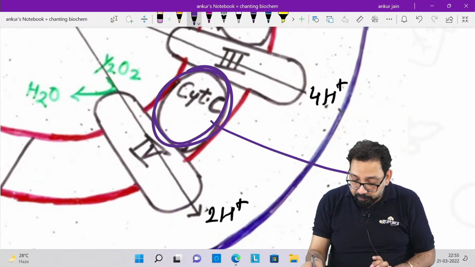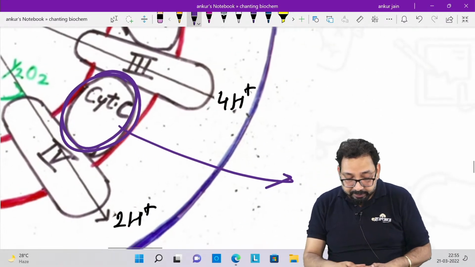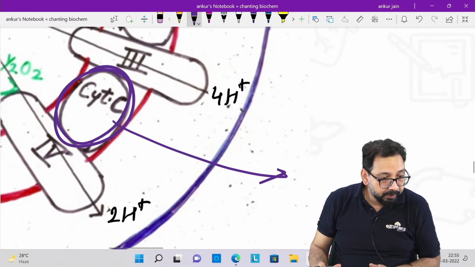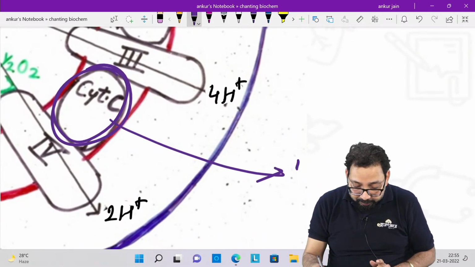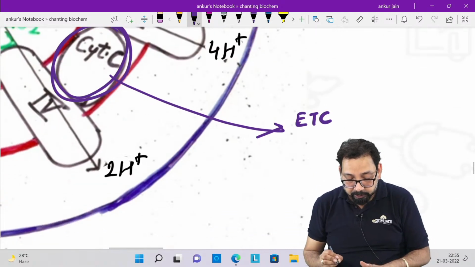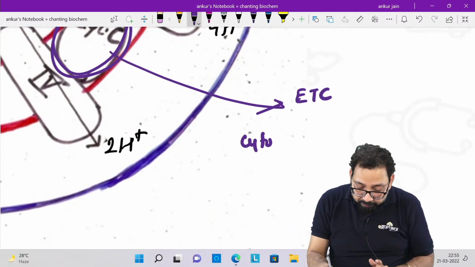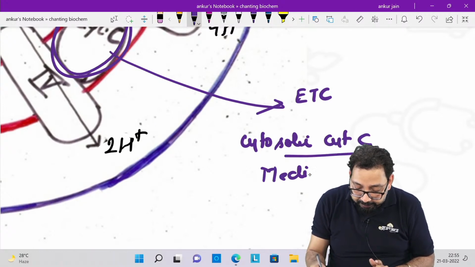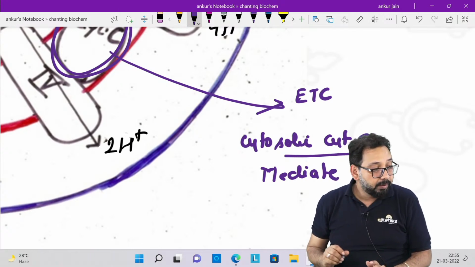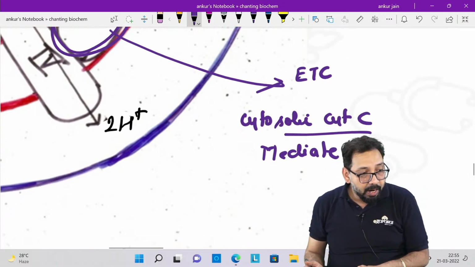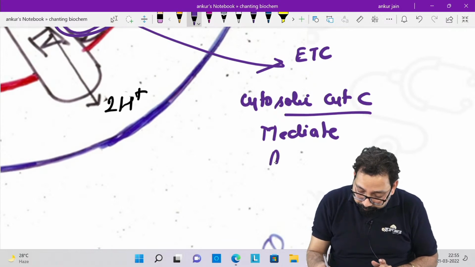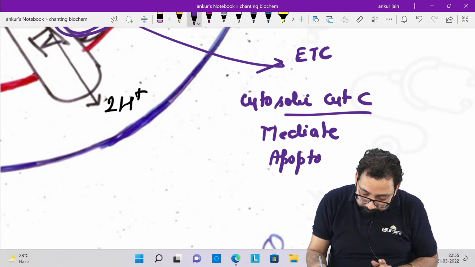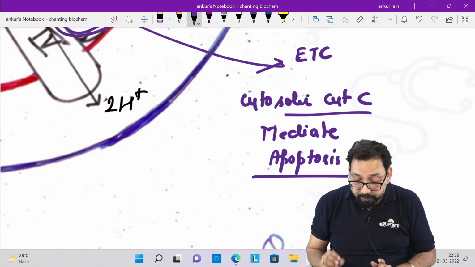Yes, cytochrome C. If present at the inner mitochondrial membrane, it gives life, it does the electron transport chain. A question was asked, cytosolic cytochrome C mediates, any idea? Apoptosis.